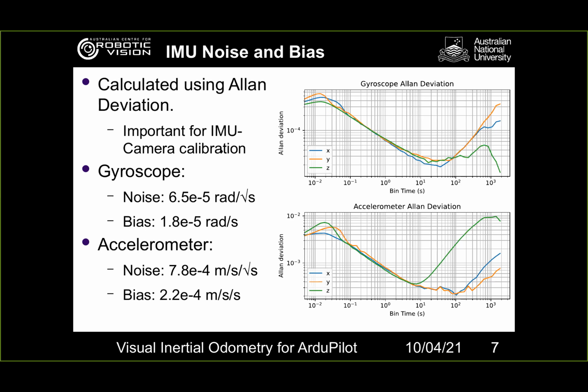That gives you the noise and bias parameters. With our quad, we found the accelerometer is a bit noisier than the gyroscope, but neither of them are particularly terrible. Knowing these noise parameters is really important to identifying that alignment between the camera and the IMU.